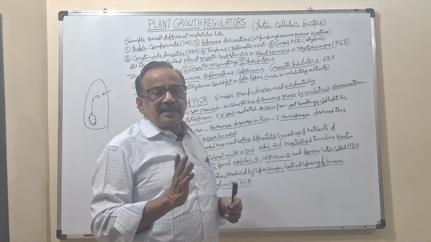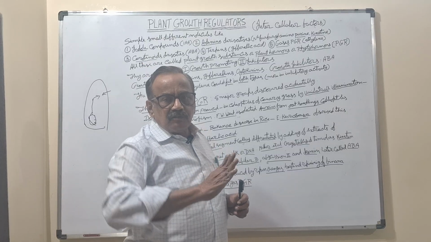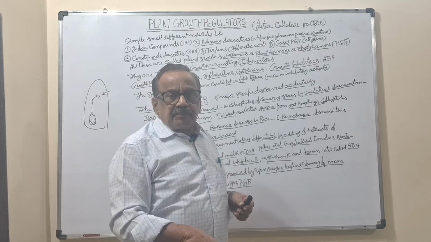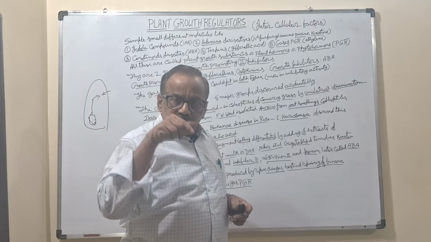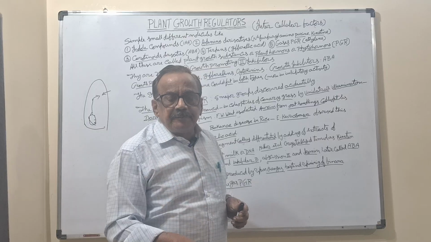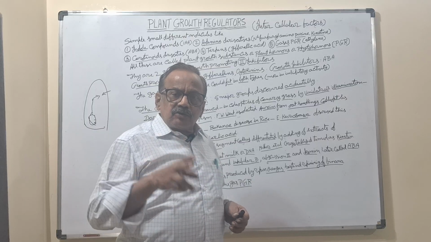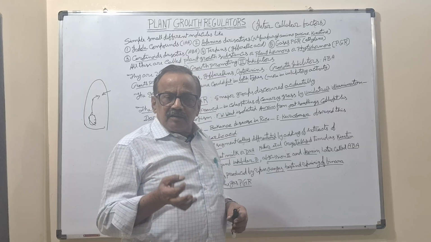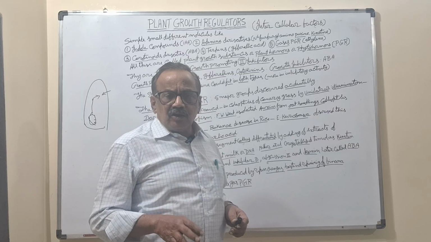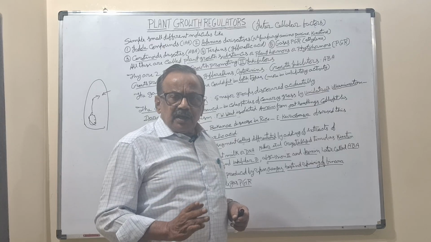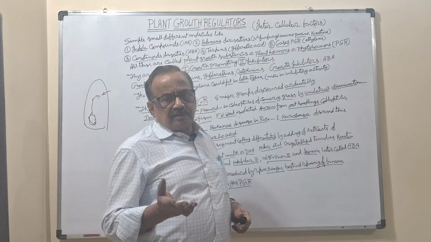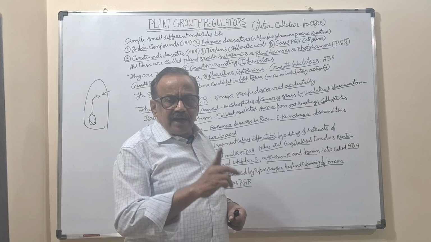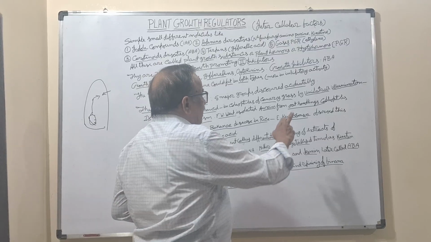Photo means light, tropism means bending. Geotropism means growth towards the gravity. The plant shows both phototropism and geotropism. Roots show geotropism and the shoot system shows phototropism, because to get more sunlight the plant bends towards where the light comes from.